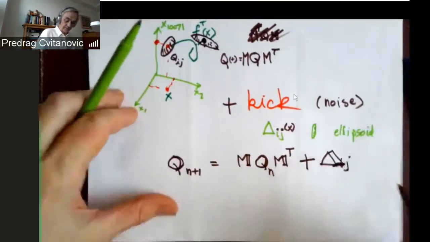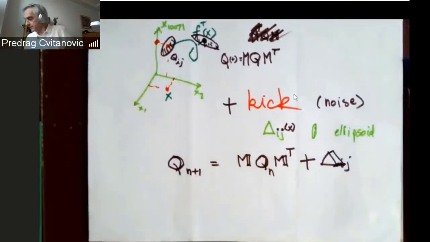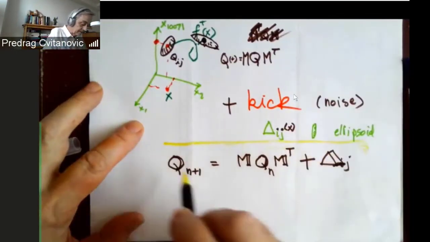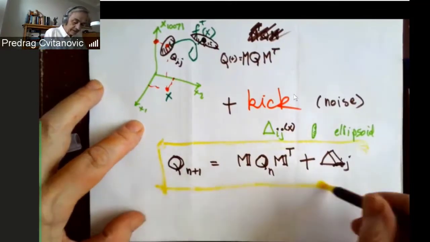Well, it's just a matrix. So yeah, that's pretty amazing. So this is called covariance evolution.